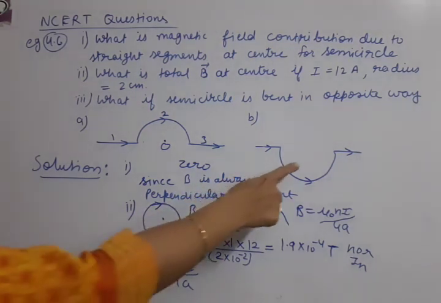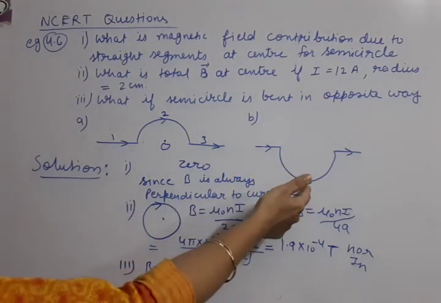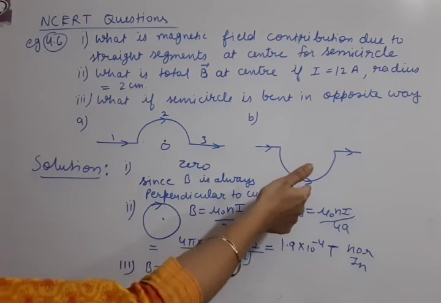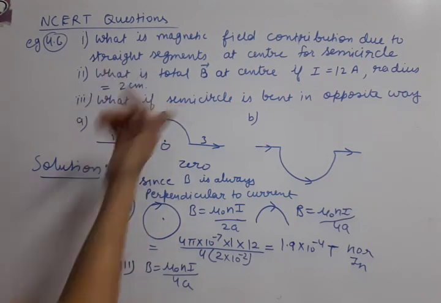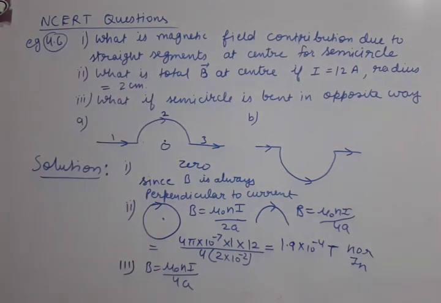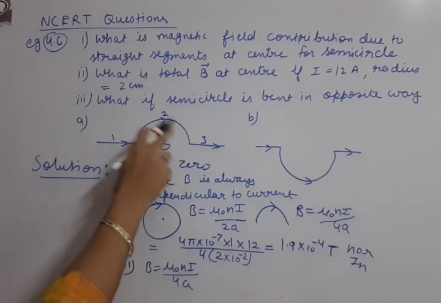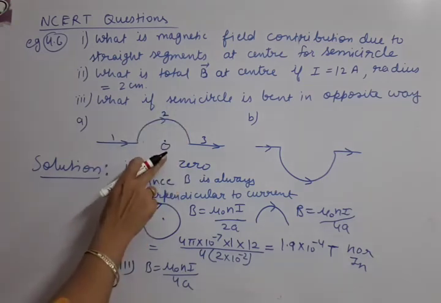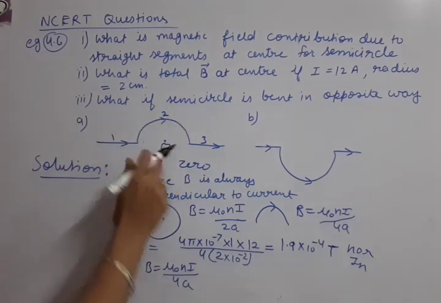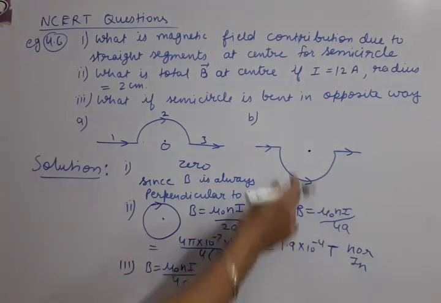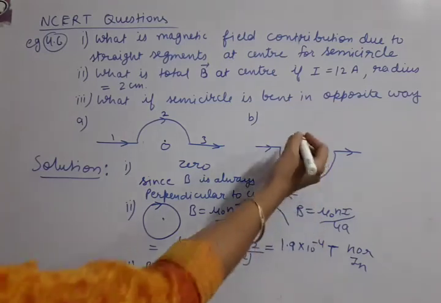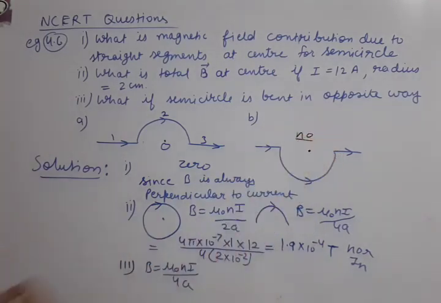But in case of this diagram, direction of magnetic field will be just opposite to the earlier case. You can see the diagram. The direction for the earlier bent coil at the center was normally inwards, and for this case, by using right hand thumb rule, the direction here will come normally outwards.